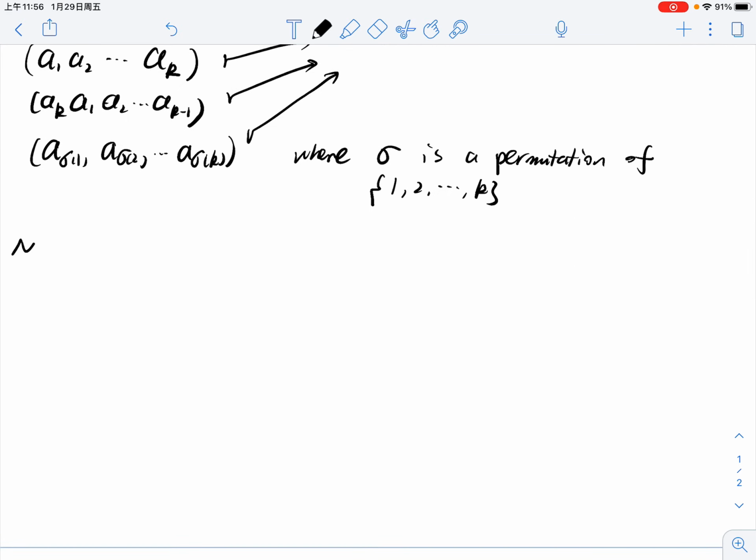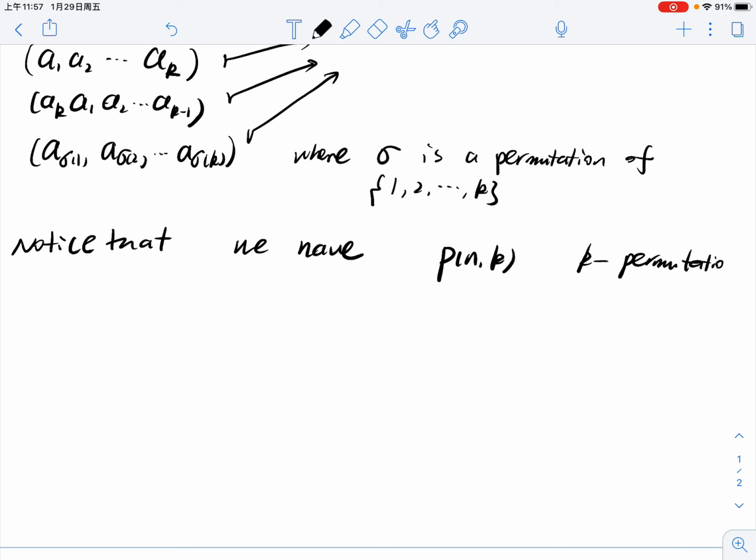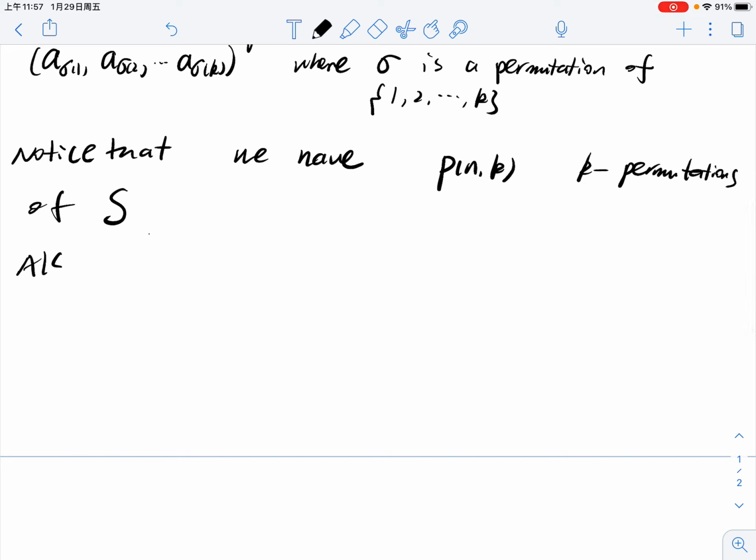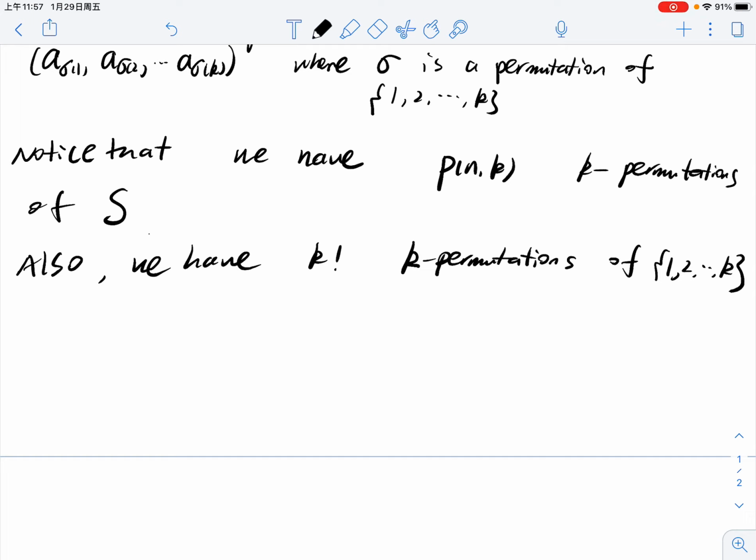Okay, and note that we have P(n,k) permutations of S, and also we have k factorial permutations of 1, 2, 3, 4 all the way to k.